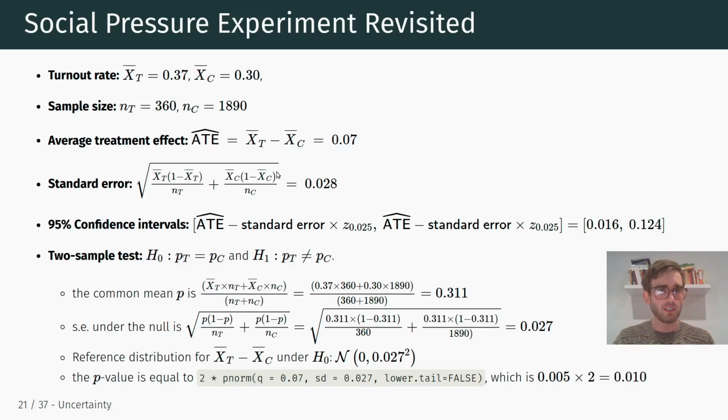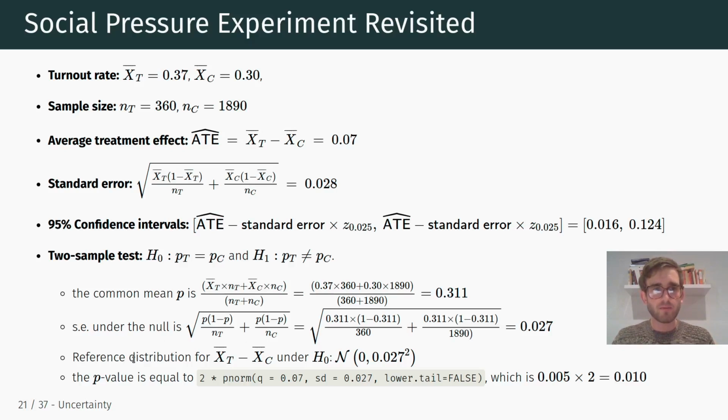I'm just realizing that I'm kind of repeating the information up here, but if we plug in the p-values here, now assuming the common mean p, we get a standard error under the null of 0.027. This is essentially a common standard error under the null.